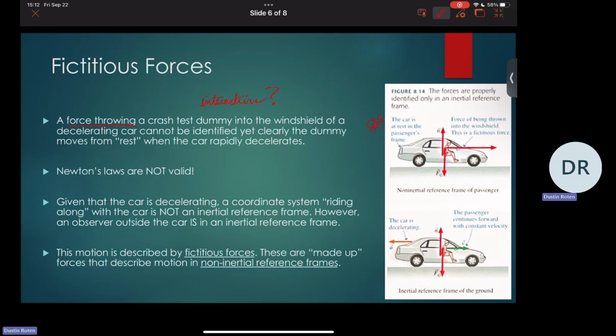So when this is the case, if we're riding along inside the car, remember this is the reference frame of the passenger, this mystery force makes it look like the dummy, which is clearly at rest, just starts moving when the car rapidly decelerates. Remember, this is a non-inertial reference frame.